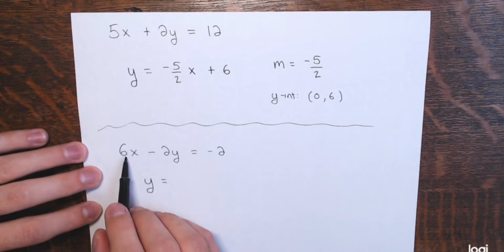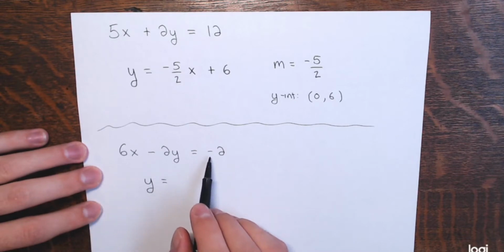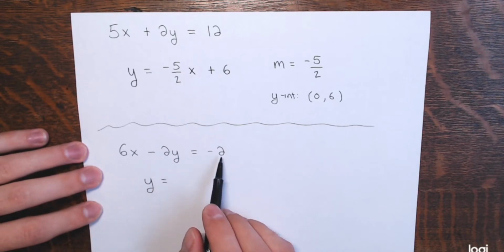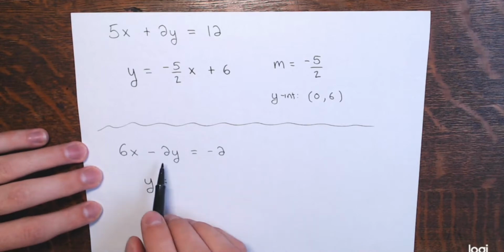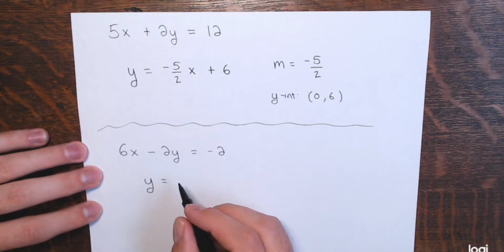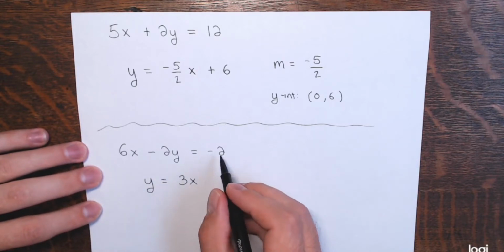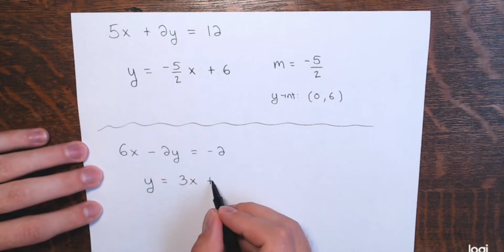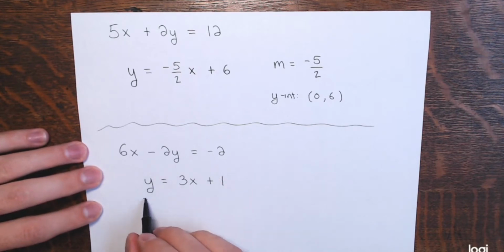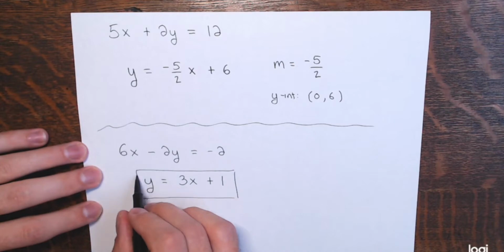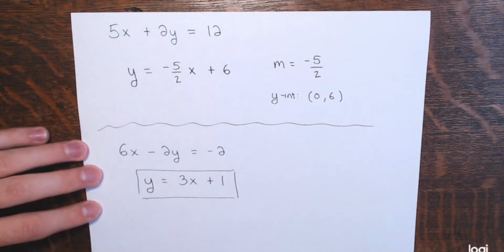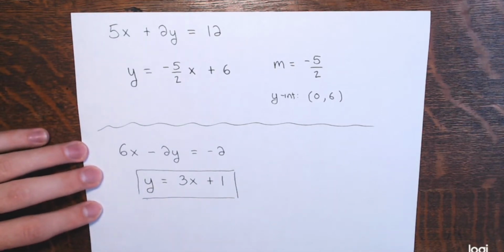So I would subtract 6x to give me -2y equals -6x minus 2 on the right side. And then we would divide by -2. Right, so -6 divided by -2, that'd be +3x. And then -2 divided by -2 would be +1. Right, so the equation in slope-intercept form is this: y equals 3x plus 1.